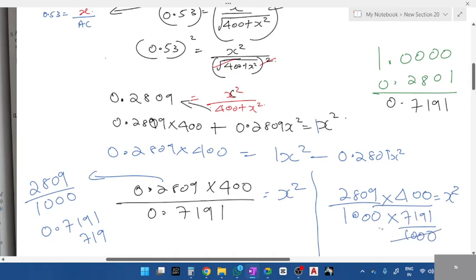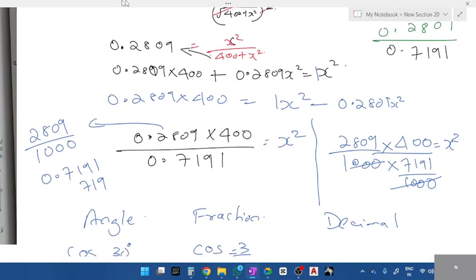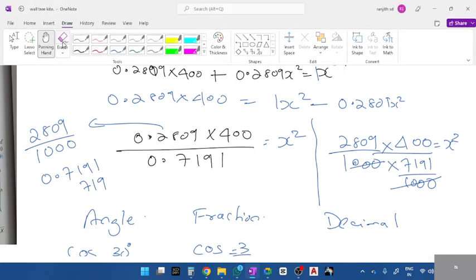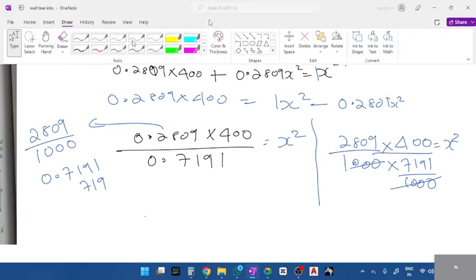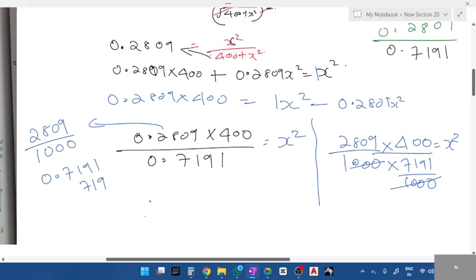Here 1000 and 1000 get cancelled, right? So what are the numbers left? What are the values we have, students? 2809 into 400 divided by 7191. If you reduce this, you'll get the value of x square. Then you have to take root.